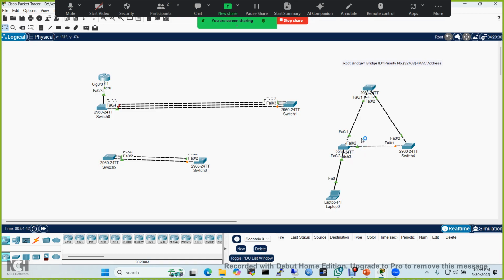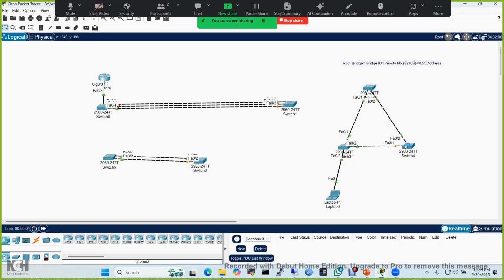In the case of this interface, among them they will hold an election to decide which one will be the temporary root bridge for these two switches.